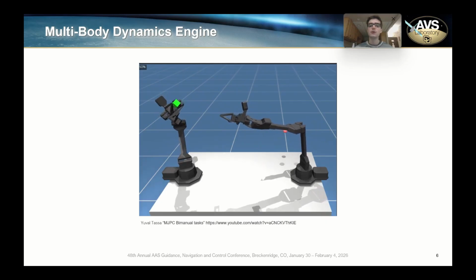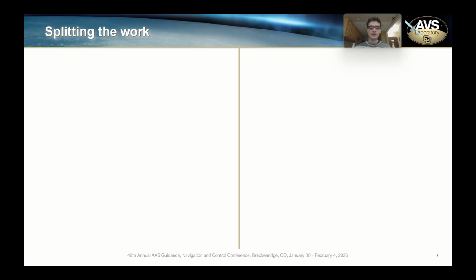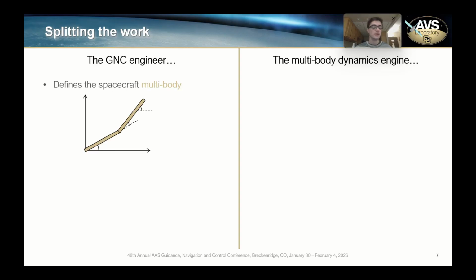Our idea is to leverage these tools that already exist and save us a lot of headache by splitting the work, where we have the GN&C engineer, us, on one side, and the multi-body dynamics engine on the other side. The job of the GN&C engineer is to define the spacecraft multibody, as you iterate through your spacecraft: you're adding a reaction wheel, you're adding a solar panel, you're making your hub heavier.